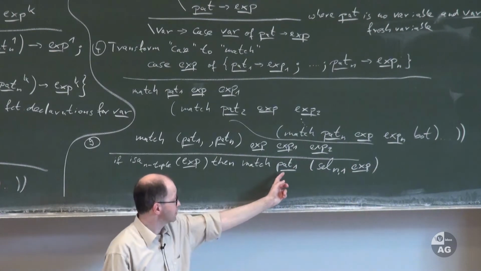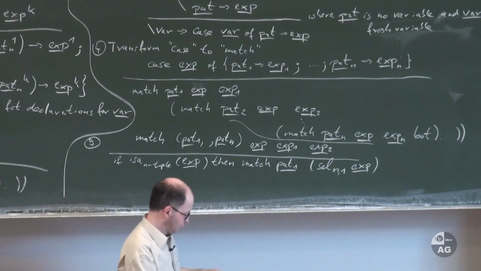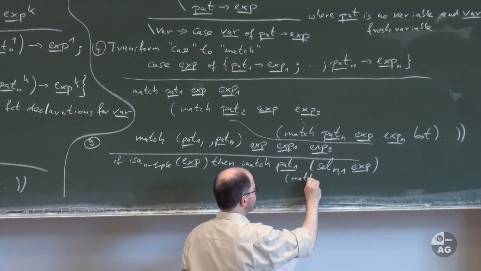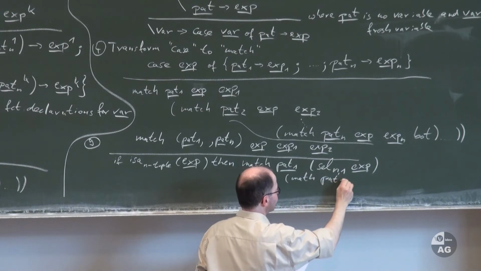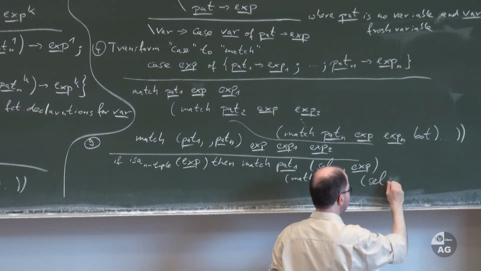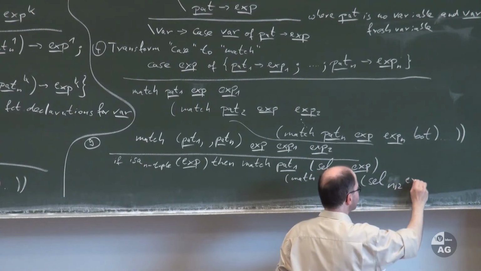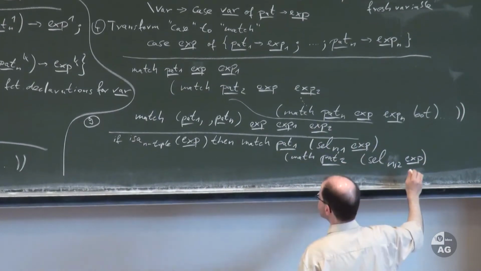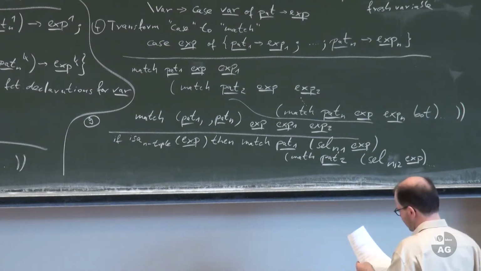And if this works, then I can continue and match the second pattern, pattern 2, against the second component, sel_n^2, of this expression, and so on. And now I have the problem that this doesn't really fit.